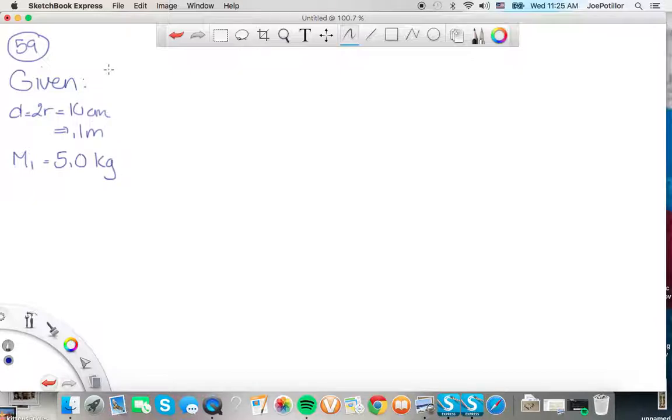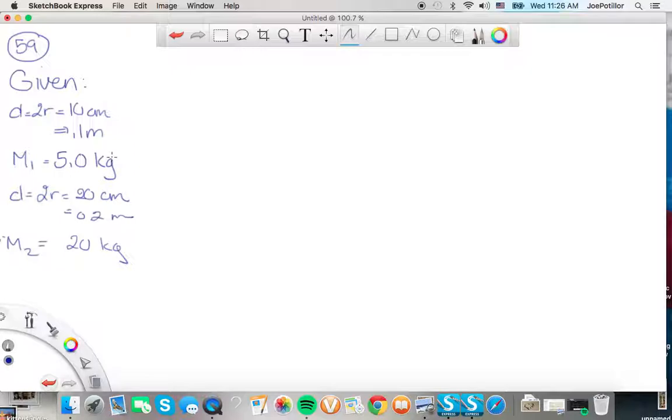Next, we're told that the second one has a diameter of 0.2 meters, and it has a big mass M2 of 20 kilograms.